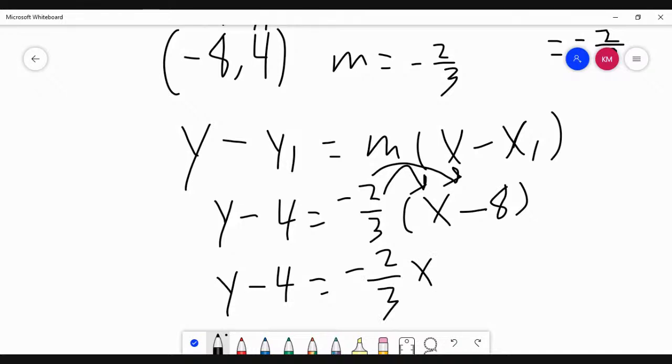Then you have negative 2/3 times a negative 8. That gives me a positive, because negative negative makes positive, plus negative 2 over 3 times negative 8, because a whole number in fraction form is 8/1. Negative 2 times a negative 8 gives me a positive 16. And that gives me a positive 3.